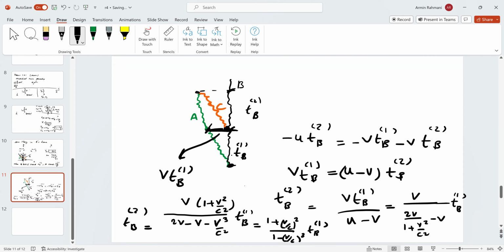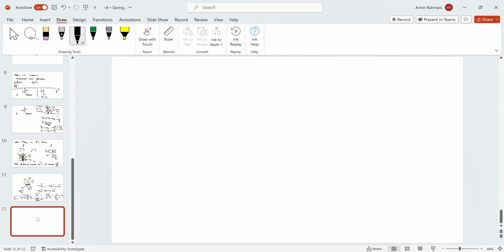Now, over that period in B's frame, the clocks for A and C have advanced, but with different gamma factors. So we know how much A has advanced. It's just that time, TB2, divided by gamma corresponding to V. So I can write A's clock, TA.